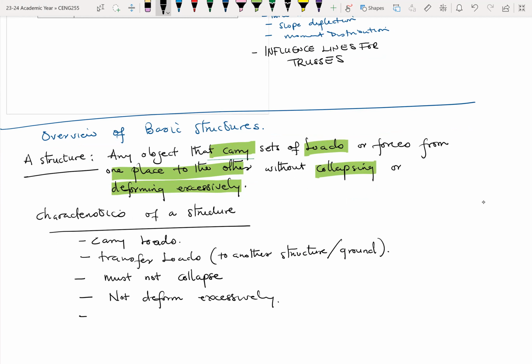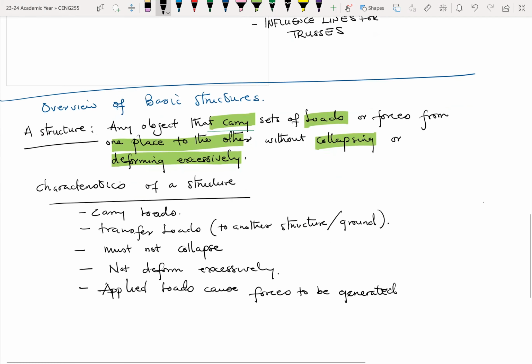And I think the final one is that when it's carrying the loads, it should cause some forces to be generated within the structure, right? And that's where the load transfer system works. So the applied loads, I put it into writing: applied loads should cause forces to be generated in the structure.